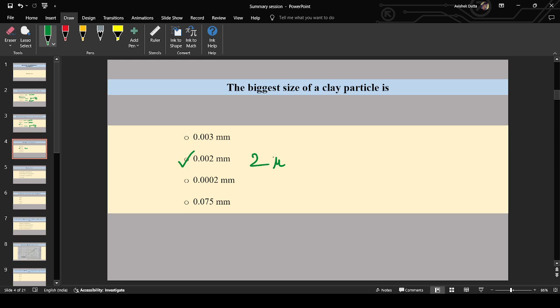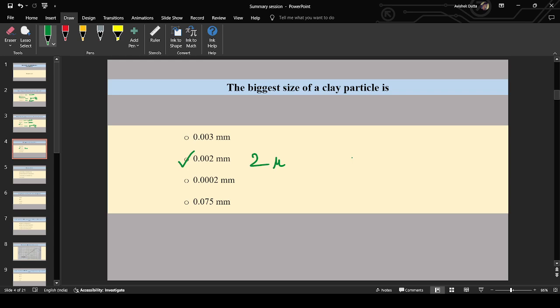If we have a soil particle larger than this size, it will be silty soil up till a size of 75 micron. Beyond that, fine grain sand will start up to 4.75 mm, beyond which it will be gravels.